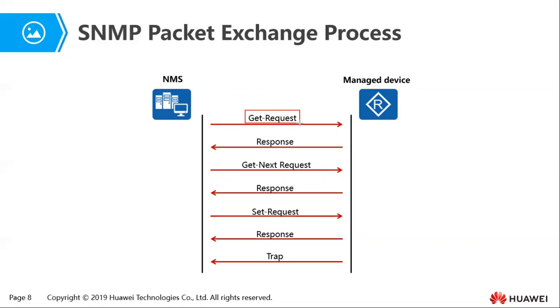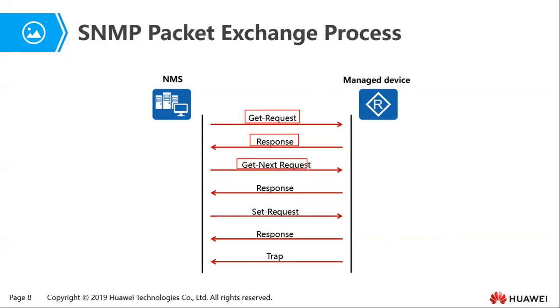So one of the messages is what we call the GET request. The GET request is used to retrieve one or more parameter values from the MIB of the agent process. Then the next SNMP message is what we call the response. So this is what will now get you back whatever you wanted. So this will give you the results.